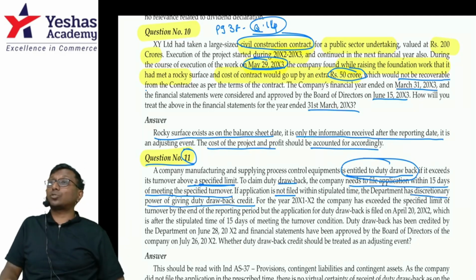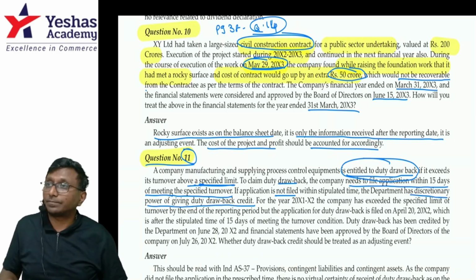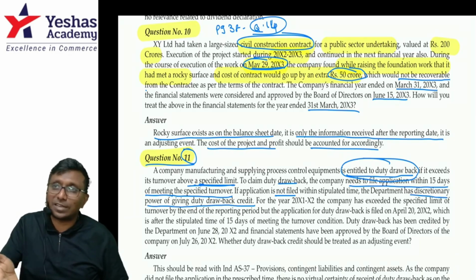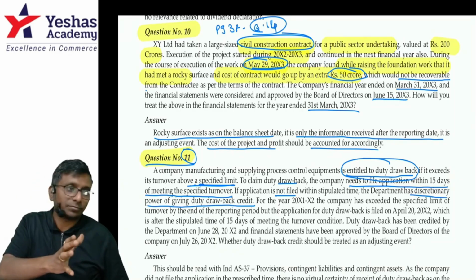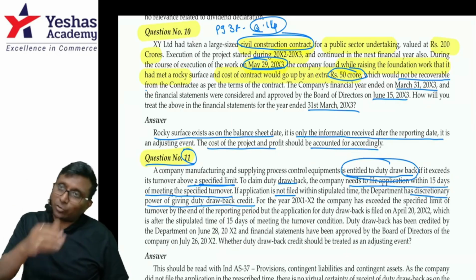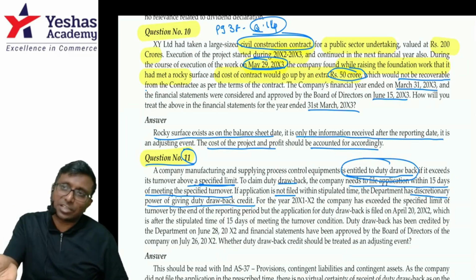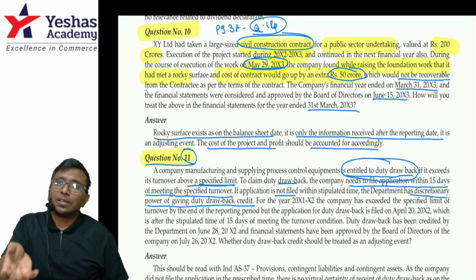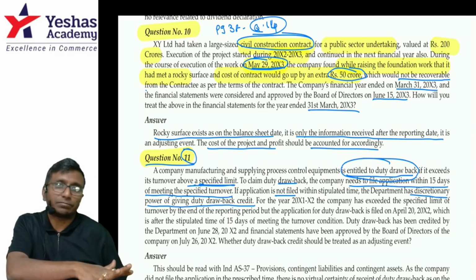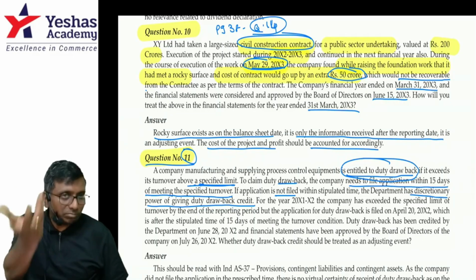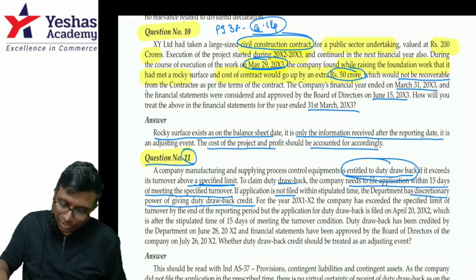Now the power goes to the officer. Are you getting my point? If you file within 15 days, you have a right. You can still file the application after 15 days also, but if you file after the 15th day, the power is with the officer. That is left to his discretion.